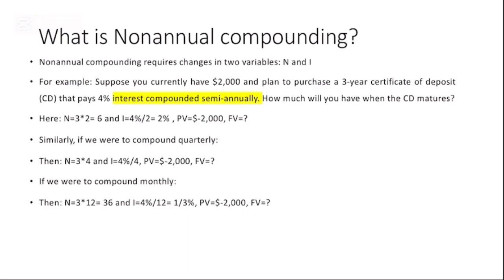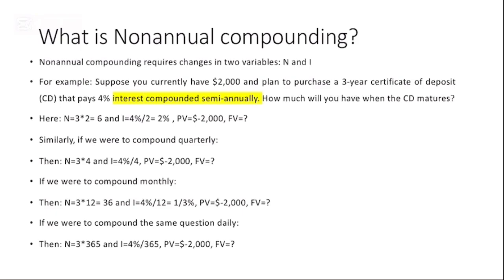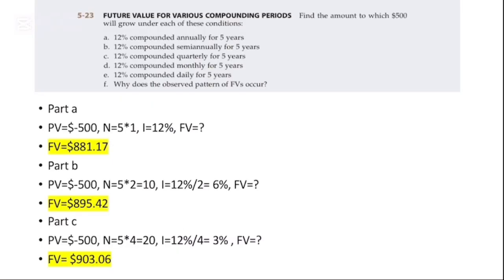Plug in these values in the financial calculator and you'll find the future value. Now if you were to compound the same question daily, the adjusted N here is 3 times 365, since there are 365 days in a year. For the interest rate, we will divide the nominal interest rate, 4%, by the number of compounding periods, that is 365. The present value is the same and we'll be able to find our future value.